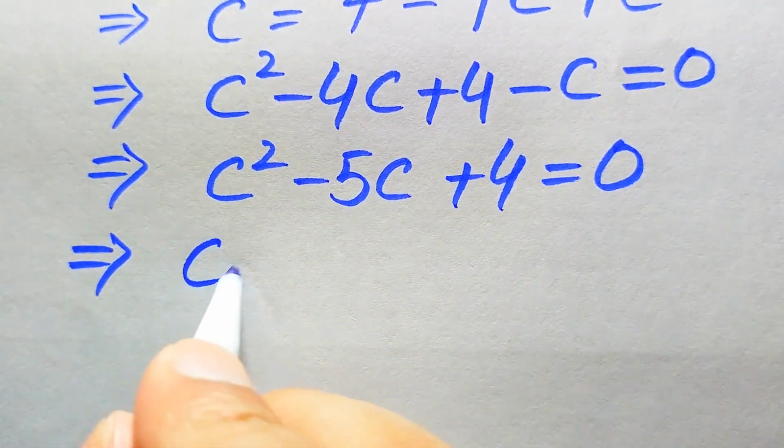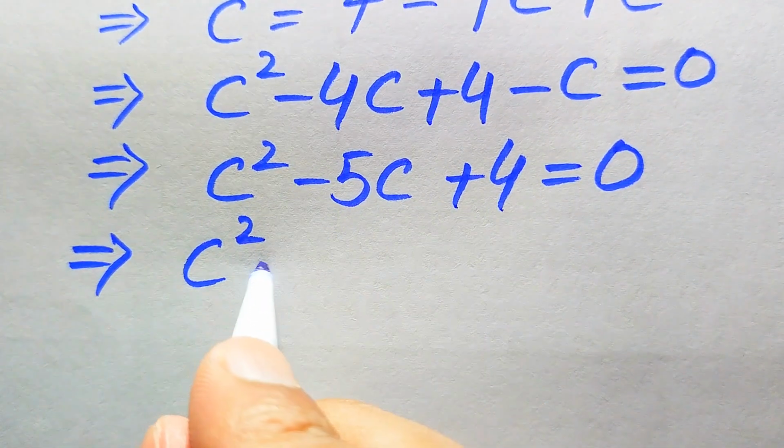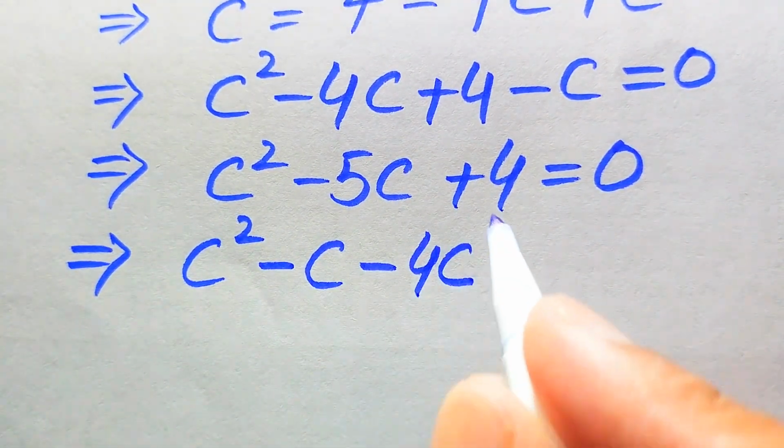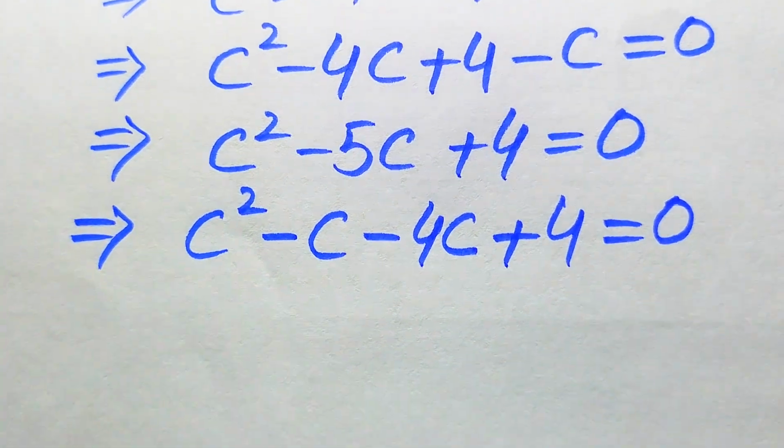So now here we use the factorization technique to solve this problem, and for this we just break its middle term. We write c square, minus 5c as minus c minus 4c, plus 4 is equals to 0.